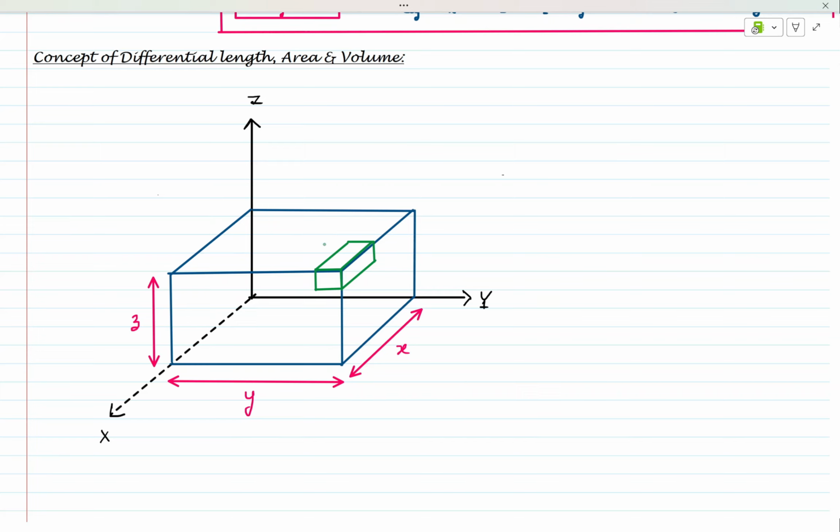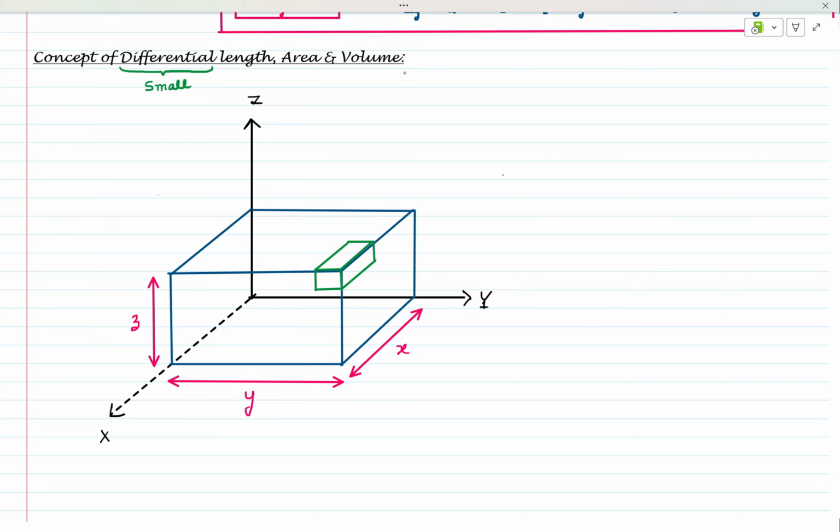The small block has a small length, small width and small height, because the small block has a small volume also, right? So the word differential here means small. Differential means small. That's why inside the large block under the Cartesian coordinate system, I have considered a small block of small width, base and height. Then definitely the small block has a small volume.